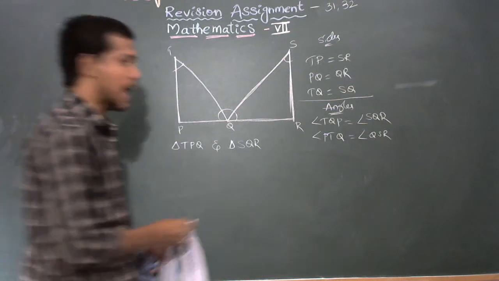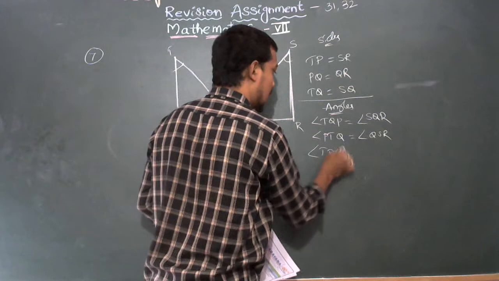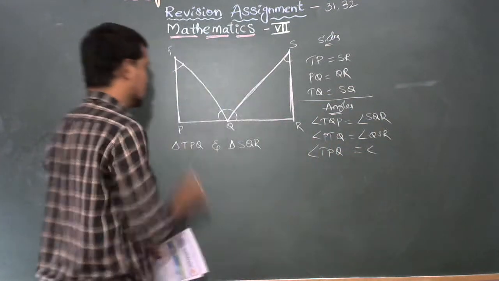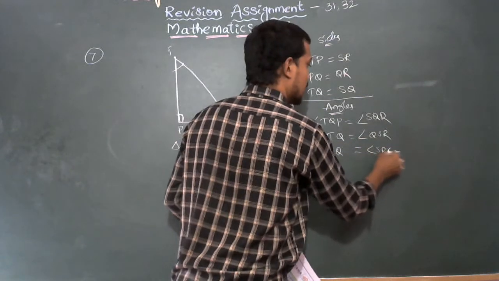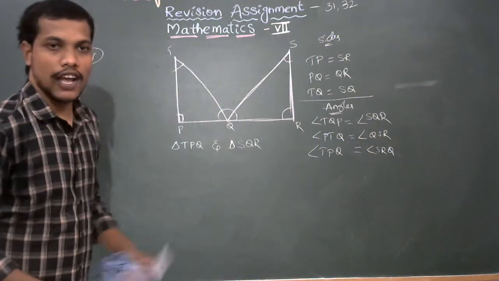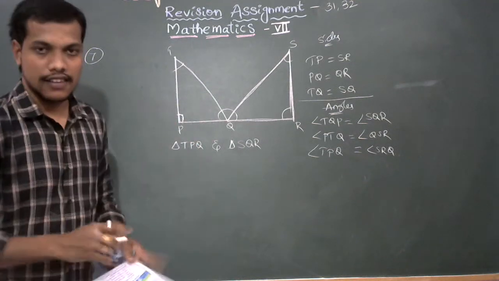And the final angle, angle TPQ, is equal to angle SRQ. So these are the congruent pairs of corresponding angles.